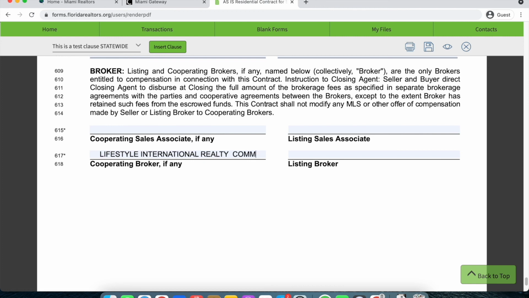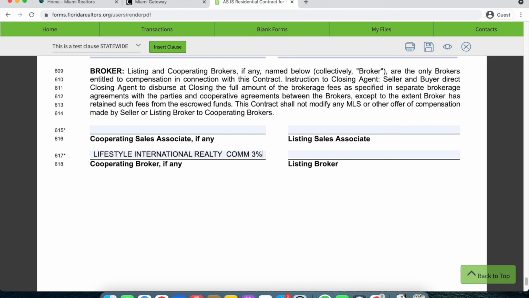So I'll put commission 3%. So that way, as the contract goes to the title agent, he already knows that you're getting paid 3% commission. Now, I also print the MLS sheet for that very reason. I print the MLS sheet the day I show the property.